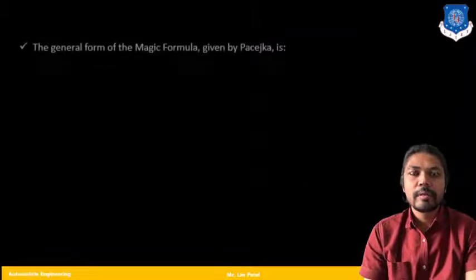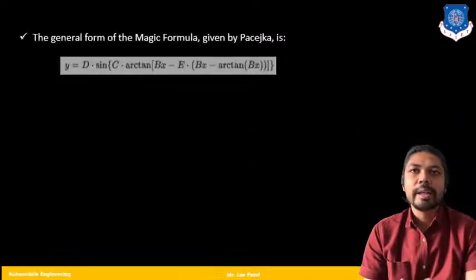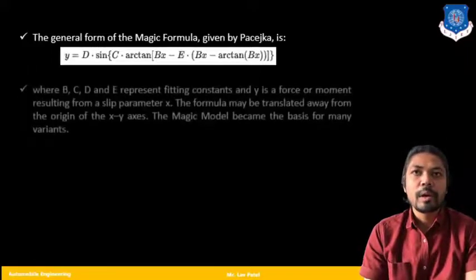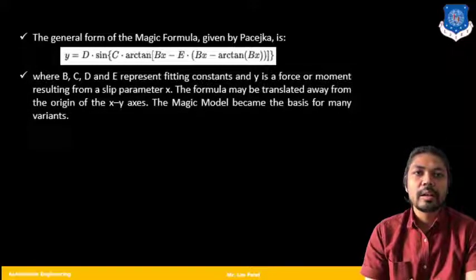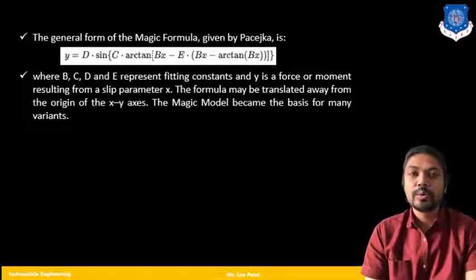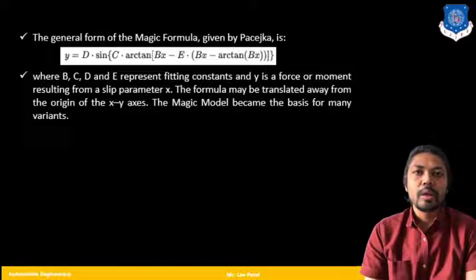Moving further, here you will find a formula, that is y is equal to D into sine of C into arctan in bracket Bx minus E into Bx minus arctan of Bx. So this is the formula of the magic tire, or we can say that by putting some values, you will find your own tire model.